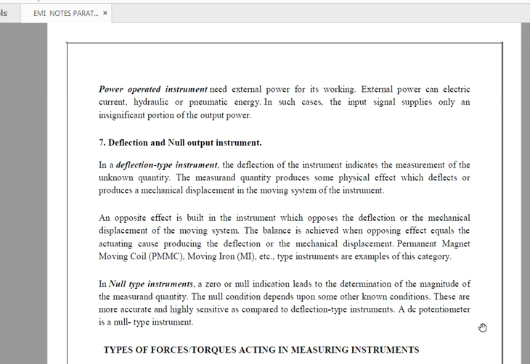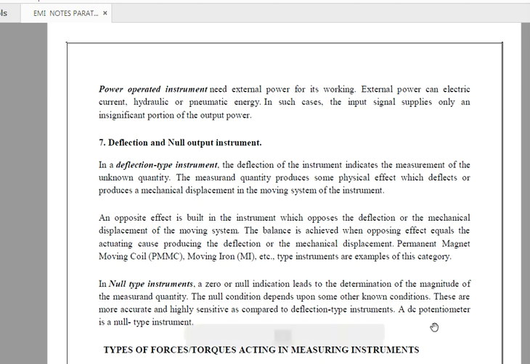Then in a null type instrument, a zero or null indication leads to the determination of the magnitude of the measured quantity. The null condition depends upon some other known conditions. These are more accurate and highly sensitive as compared to deflection type instruments.